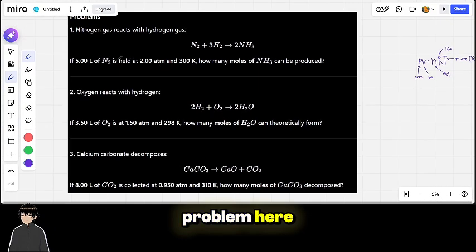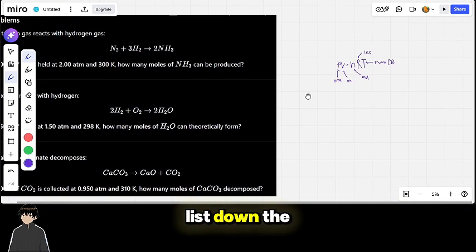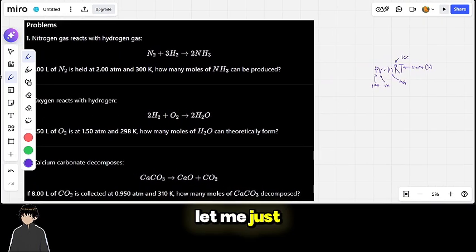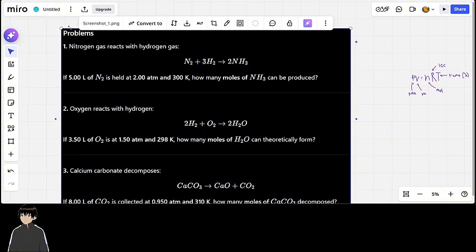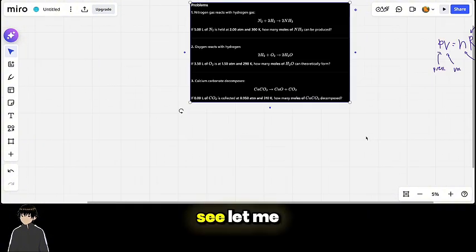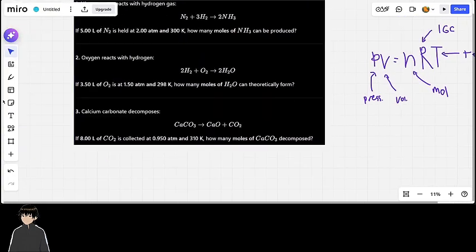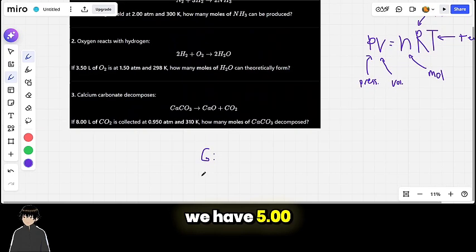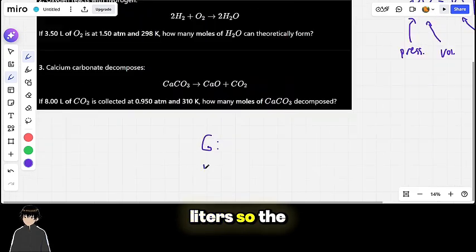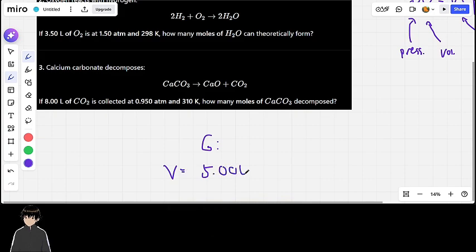So the first problem here, let's first list down the givens. We have 5.00 liters, so the volume is 5.00 liters.